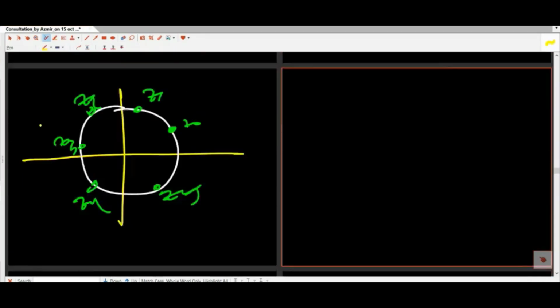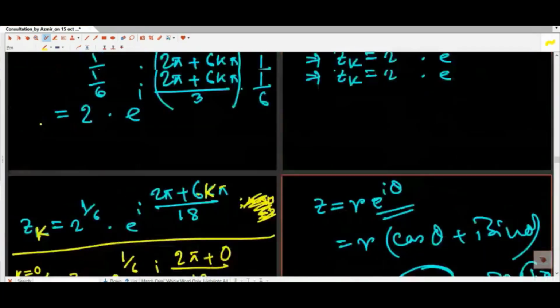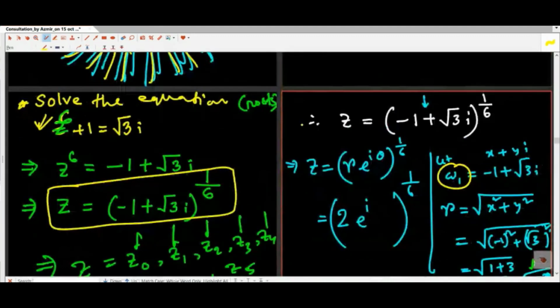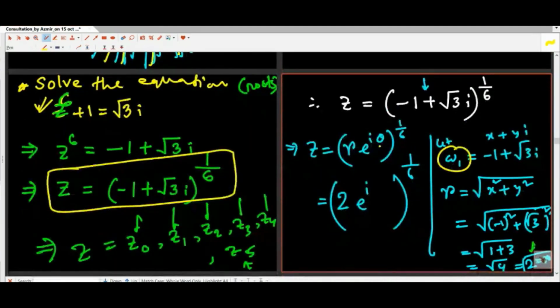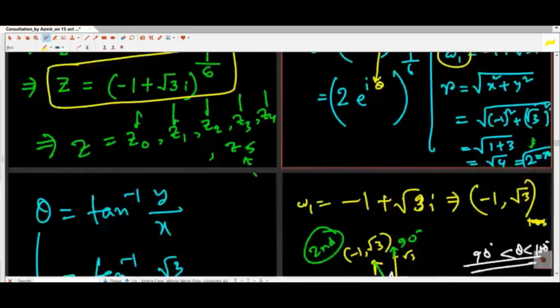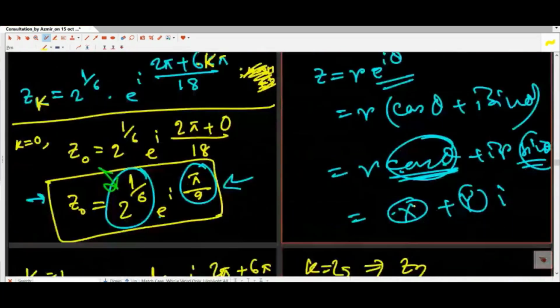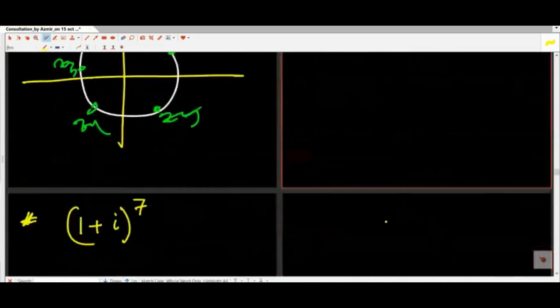The concept is just the same as finding roots. We first find the rectangular form, and from rectangular we find the polar form, that is we find r and theta. That is what we have to do again here.